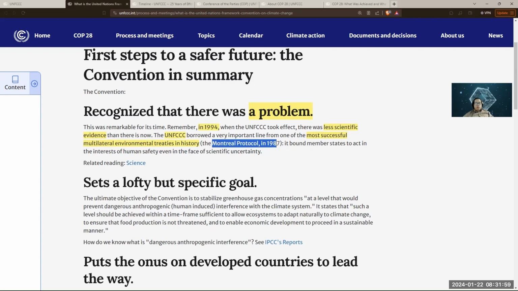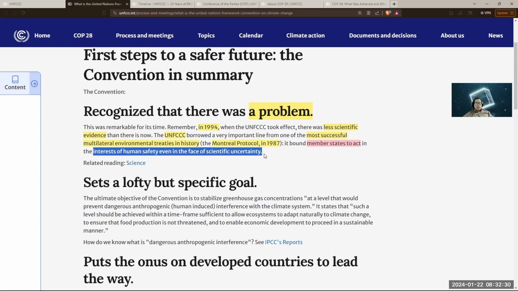The Montreal Protocol is the most successful multilateral environmental treaty in history, and UNFCCC just borrows the back end of that agreement and moves up. What they try to do is get member states to act in the interest of human safety, even in the face of scientific uncertainty.